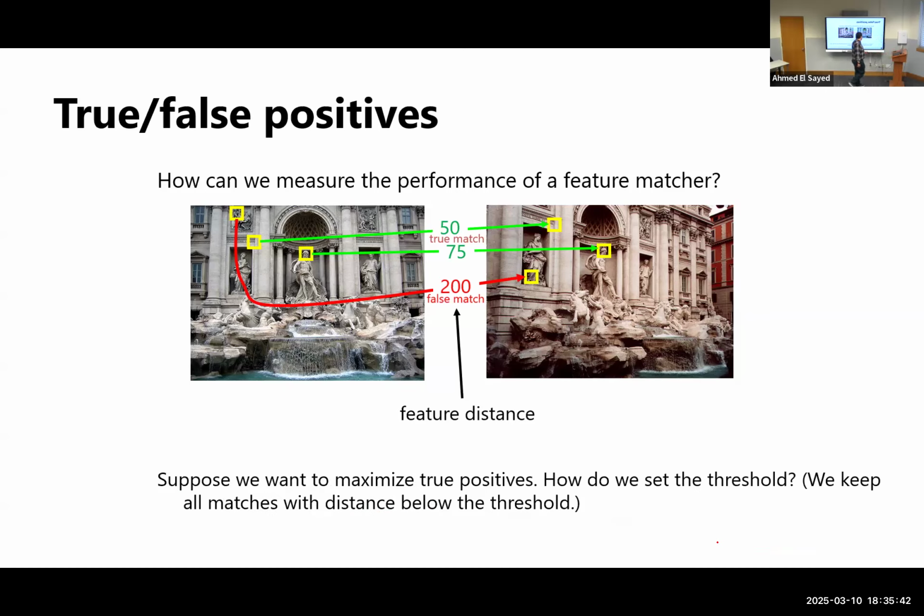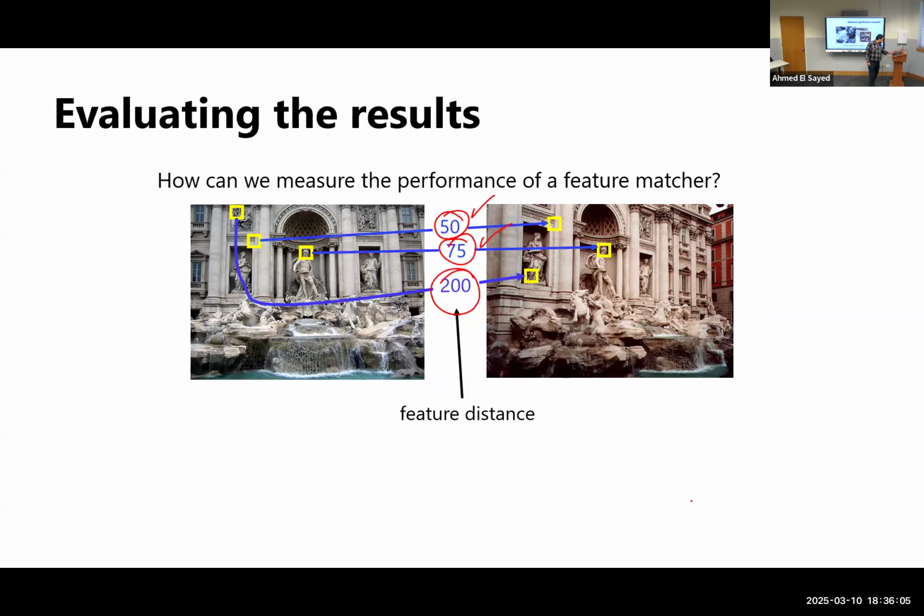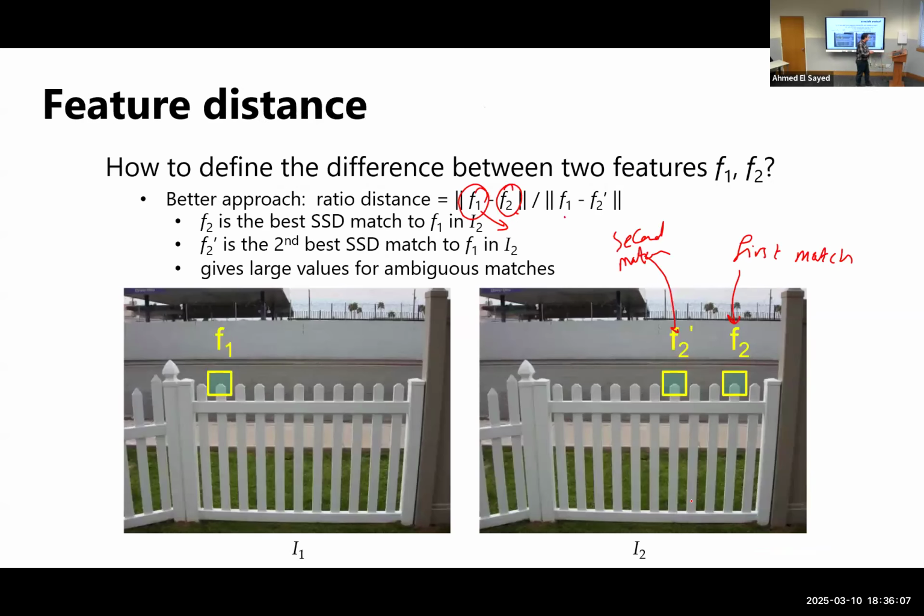Now, what should I do with these numbers? Our goal right now is to maximize the true positives as much as I can. What is the threshold value that I will choose for this ratio distance to achieve this maximum? Remember, I'm now calculating this ratio distance, then I will threshold it to find the minimum limit.